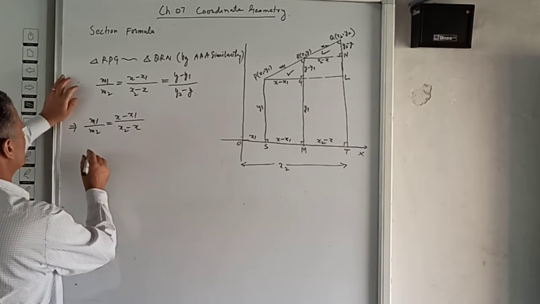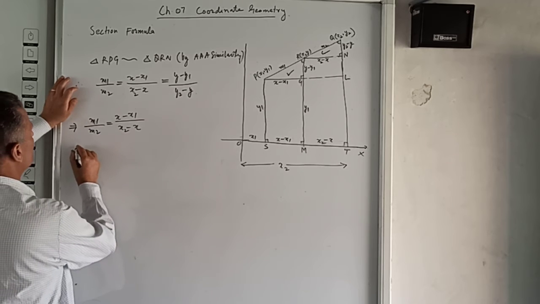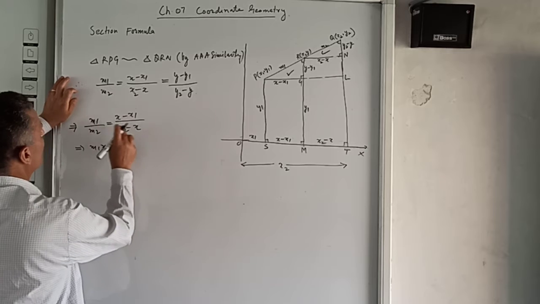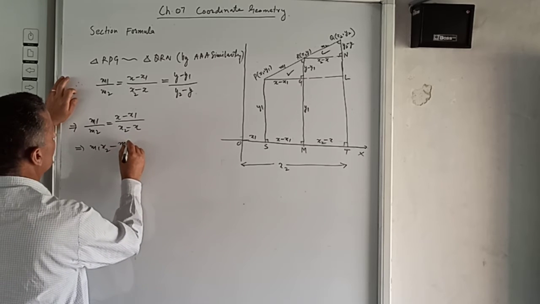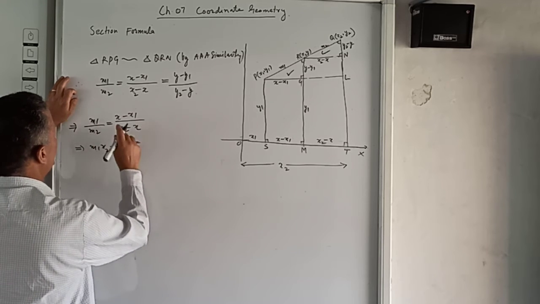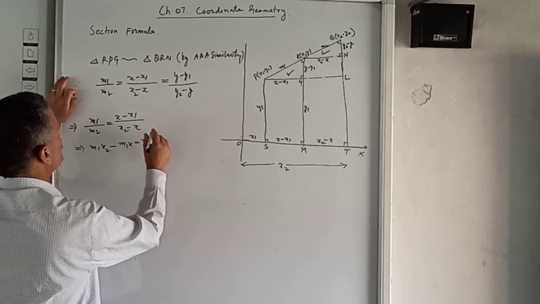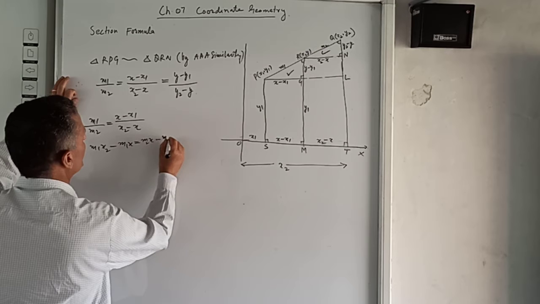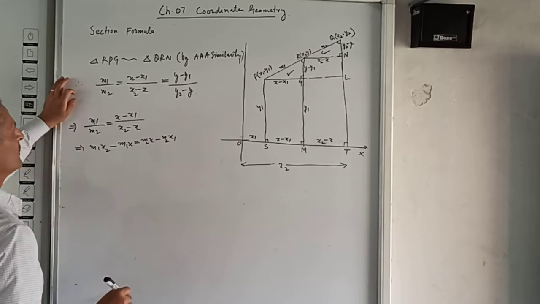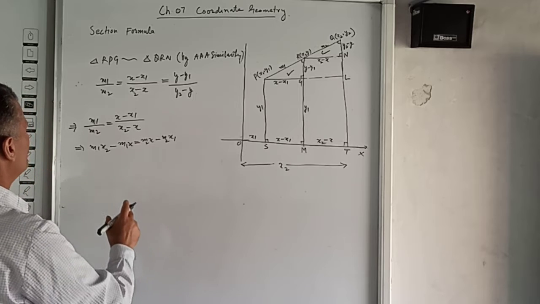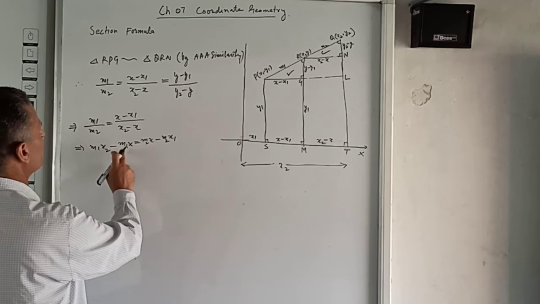Do cross multiplication. It is m1 x2 minus m1x equal to m2 x minus m2 x1. Right? So transfer this to this side, because the x terms you will take x common.